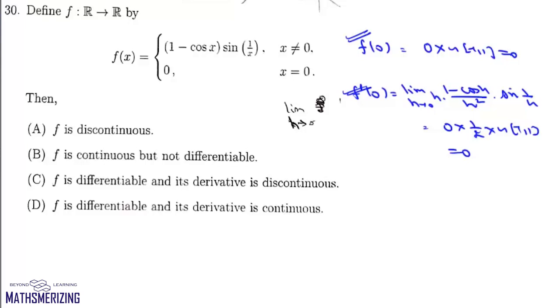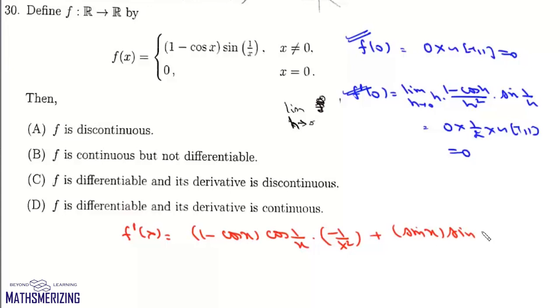Now we have to find continuity of its derivative. Now if we find f dash x, it will be 1 minus cos x into cos 1 by x into minus 1 upon x square plus sin x into sin 1 by x.